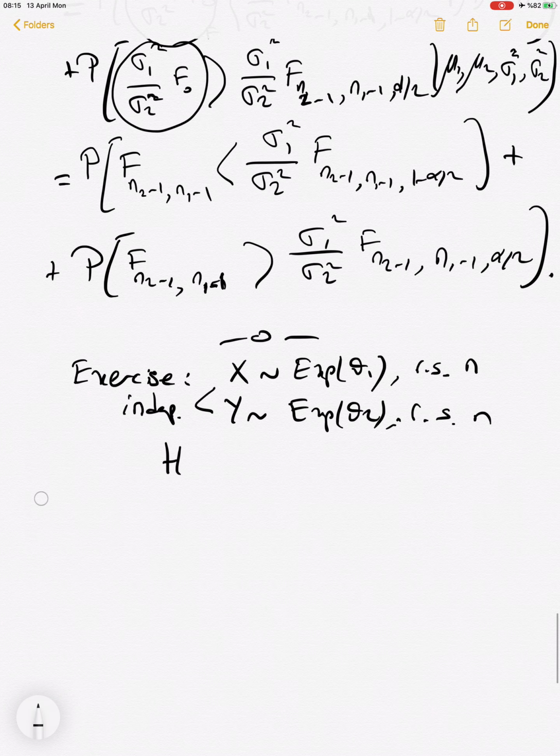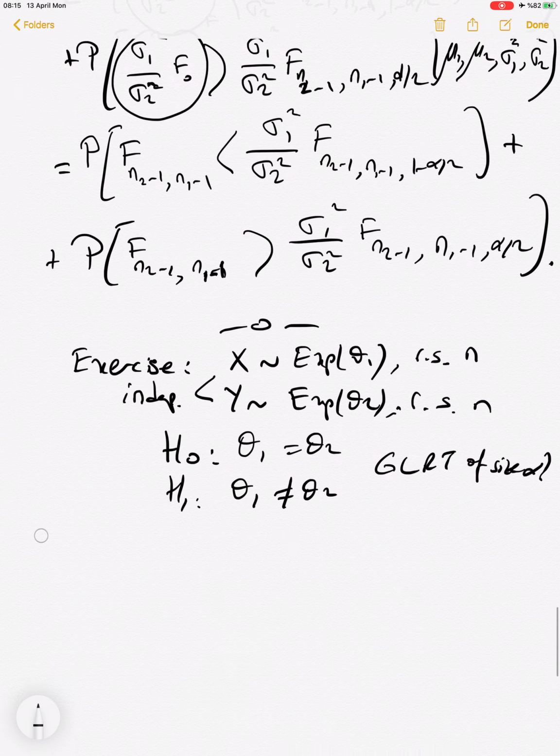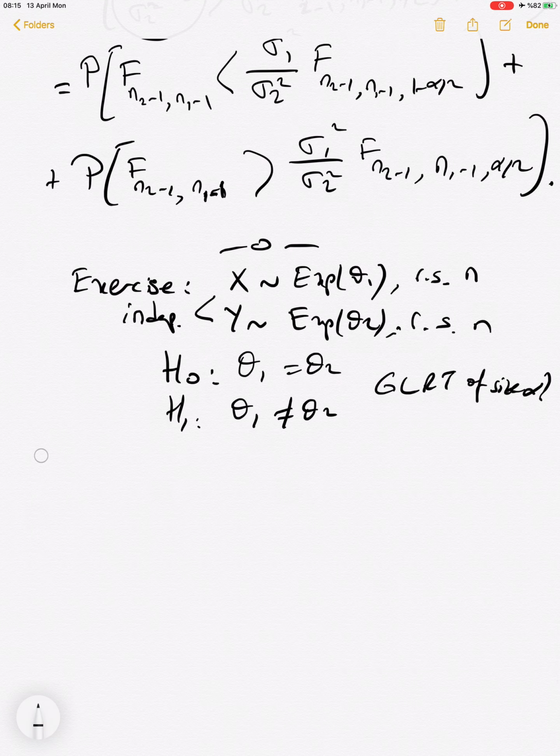Derive the case theta 1 equals theta 2 versus theta 1 not equal to theta 2. Find the generalized likelihood ratio test of size alpha. This is an exercise for you.